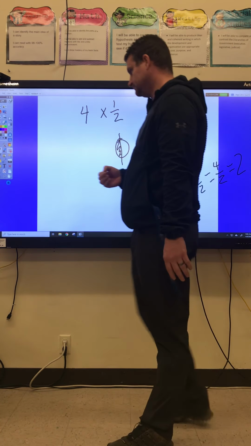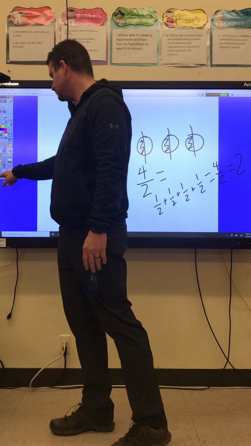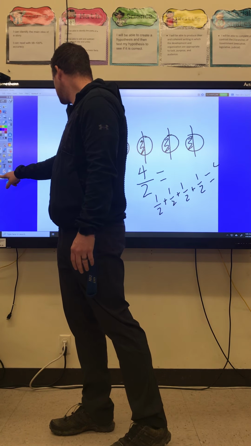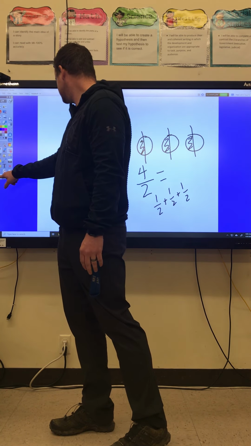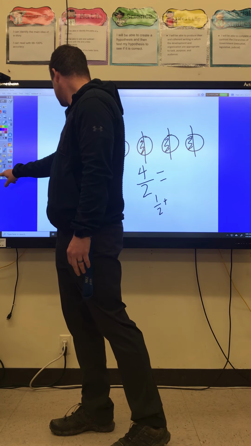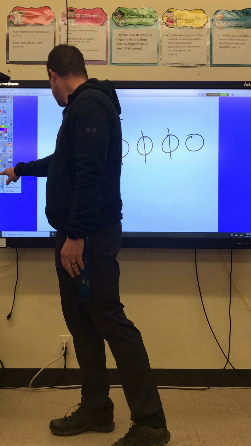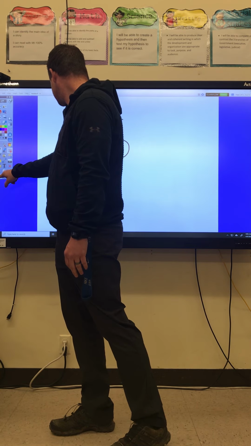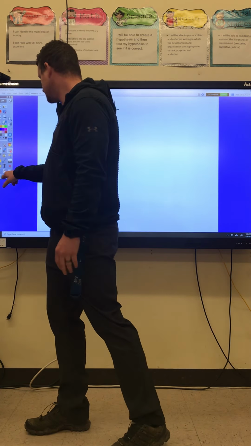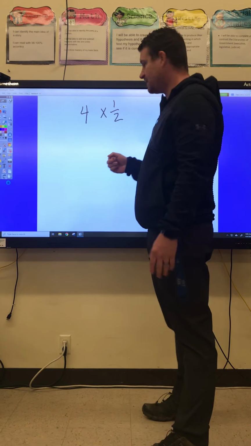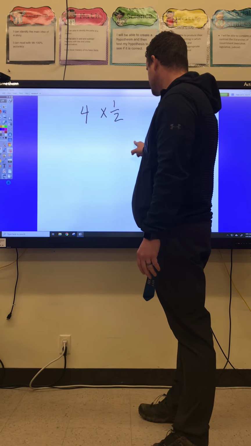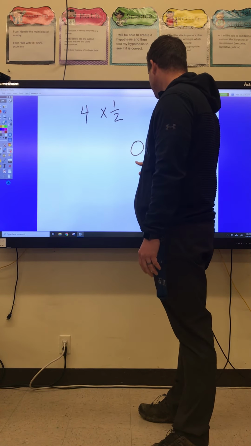Now, there's another way we can write this. Okay, so now we can also divide it like this. We know we have groups of 2, so we have 4 things.